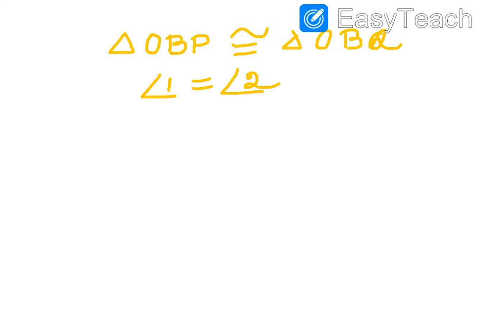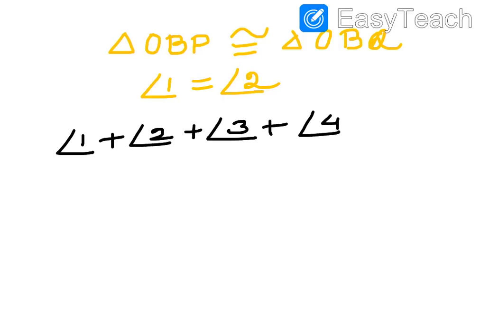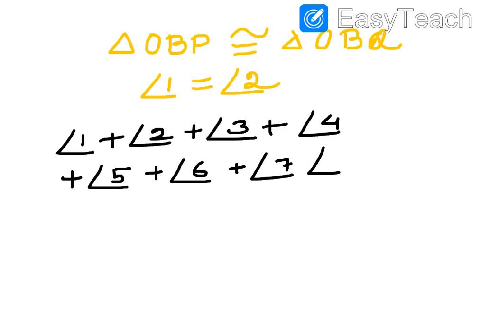Therefore, angle 1 plus angle 2 plus angle 3 plus angle 4 plus angle 5 plus angle 6 and angle 8, all together they are forming 360 degrees.